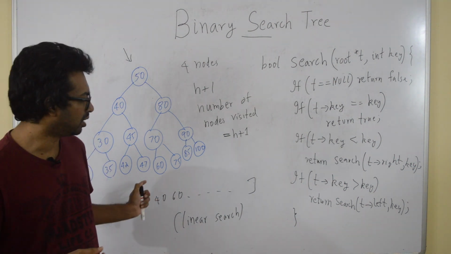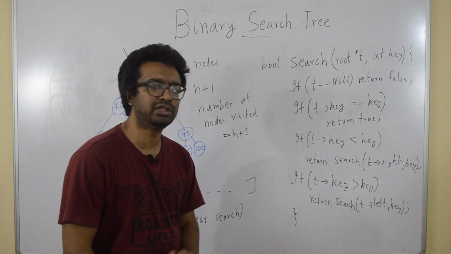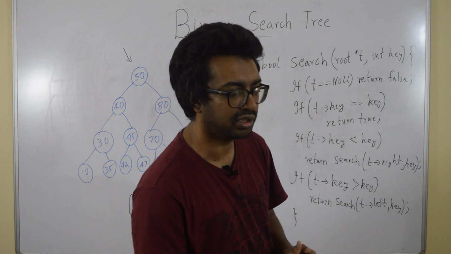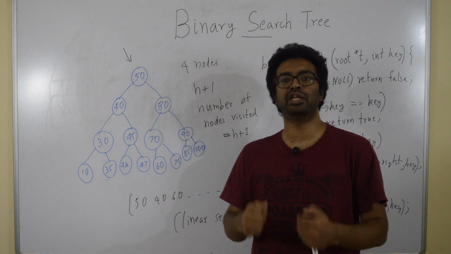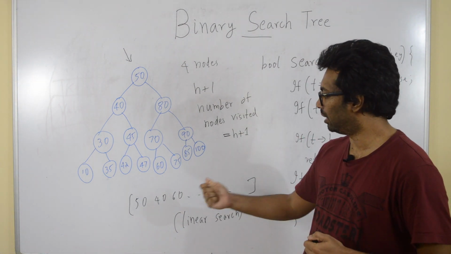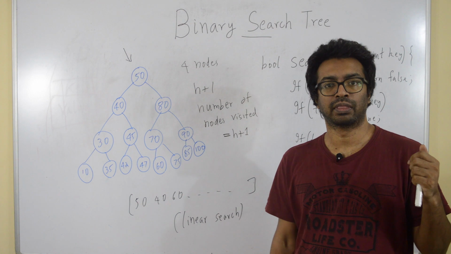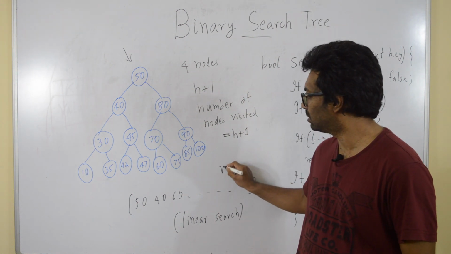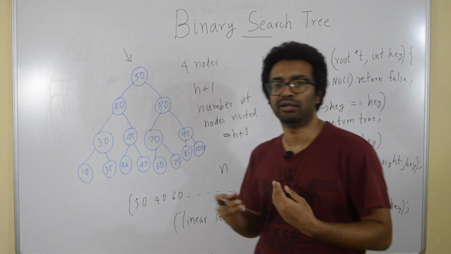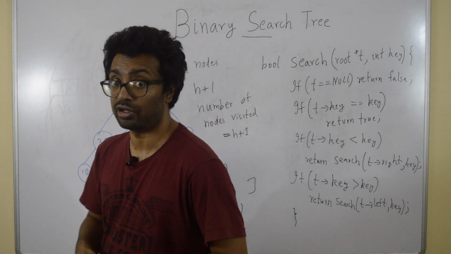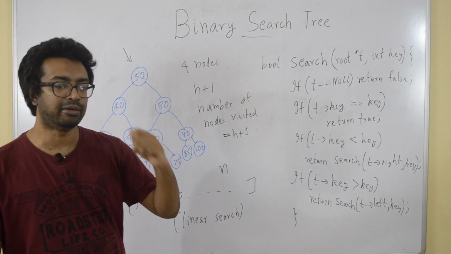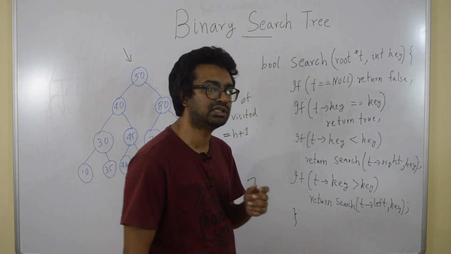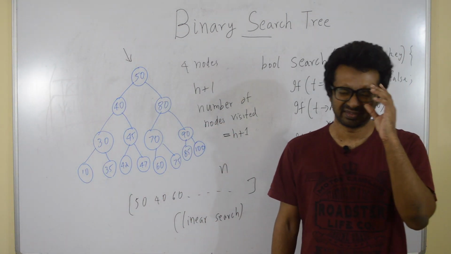But if the number is the last number, I have to go through the entire list, right? So in the worst case, how many numbers should I check in an array? If there are n elements, I have to check n numbers. For example, if the number is not in the list, I will have to check n numbers before I decide that this number is not in the list.